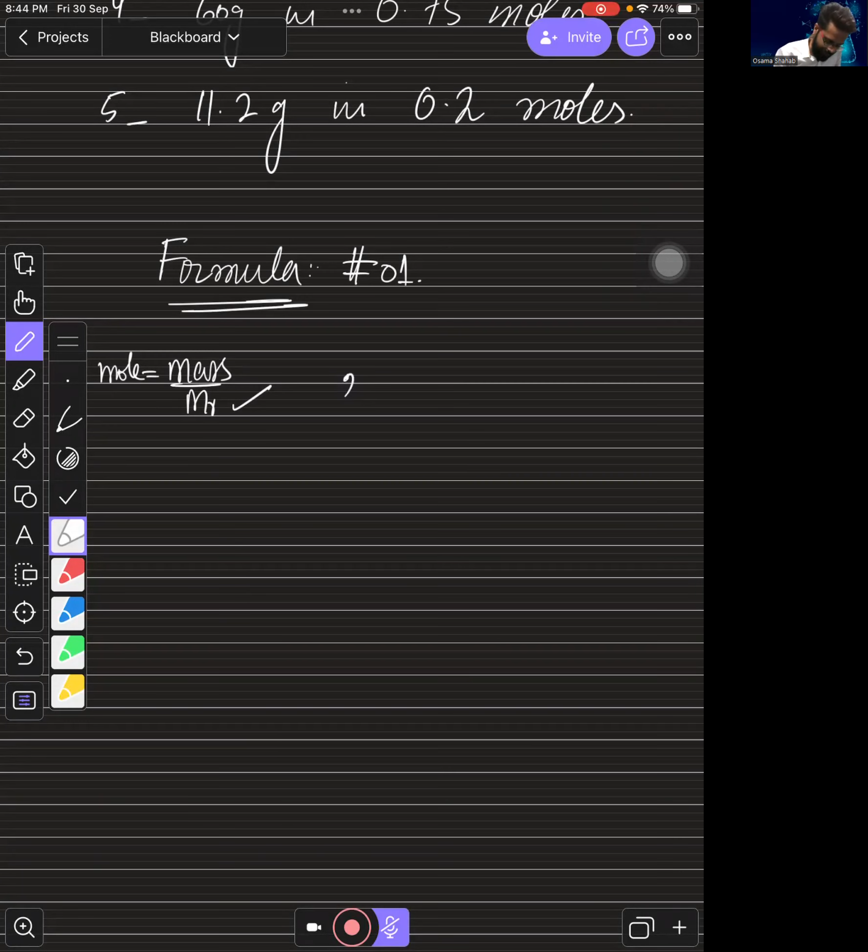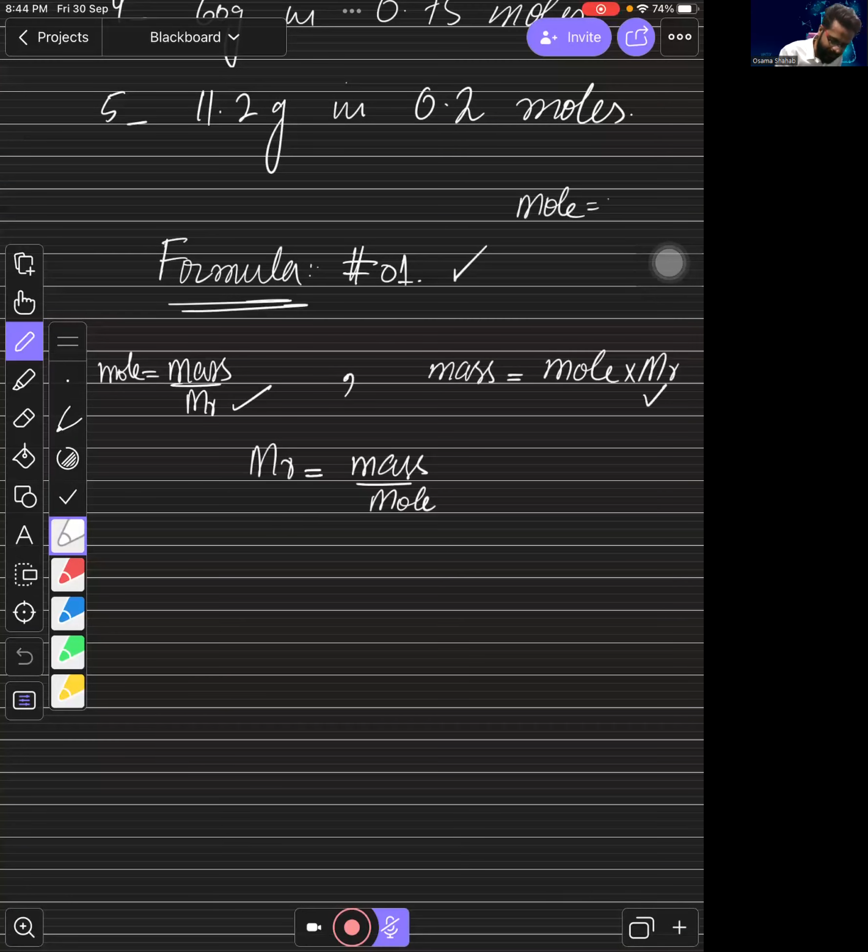And if the moles are given, again you can find out the mass by multiplying moles with the MR. Again, MR is constant, so it is easy to find from the periodic table. If they ask for the MR, they must give you mass and moles, right? The single formula is moles equals mass over MR. You can derive this formula three times, and you can find out three different quantities by this formula. Is that right or not?